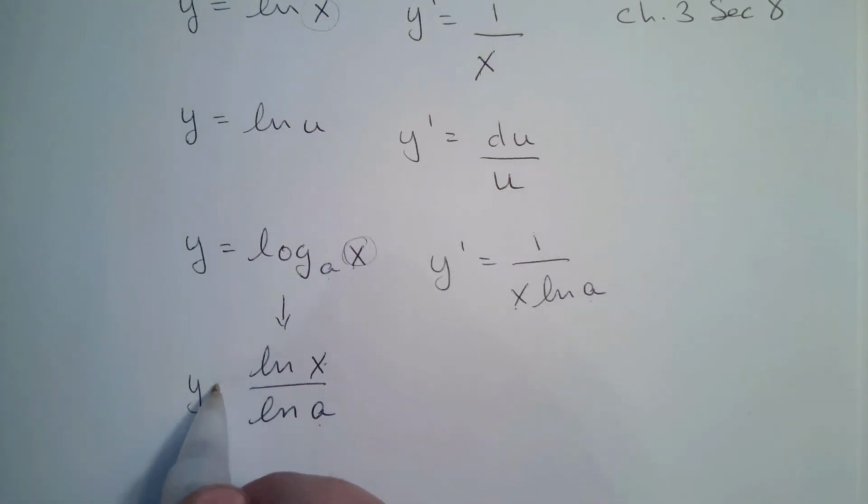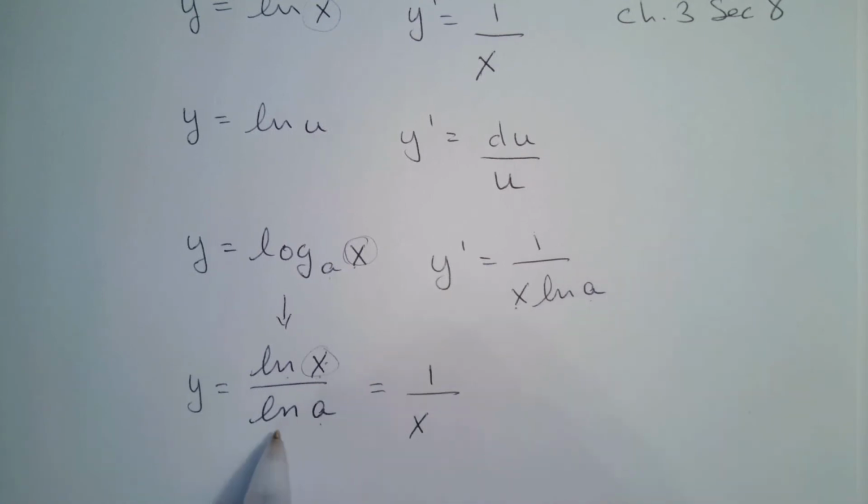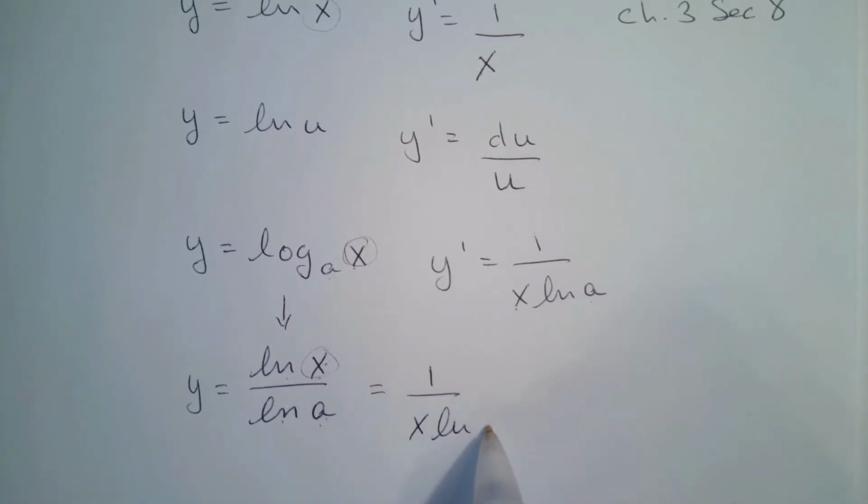So this is the same. That's a constant. This is a number. So that stays where it is. Nothing happens to that one. But the derivative of ln x is 1 over x times ln a there.